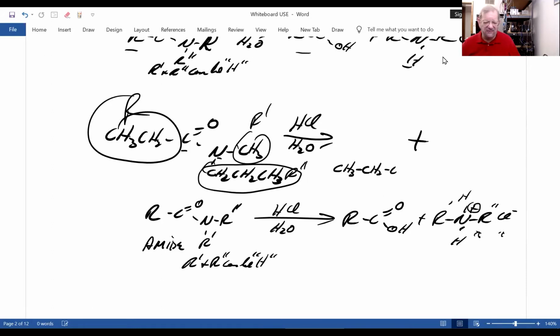Here's my R group, carbonyl, OH. What's my amine salt? Sorry, this is 3 carbons right here. And here's my chloride anion. And that's how you do it.